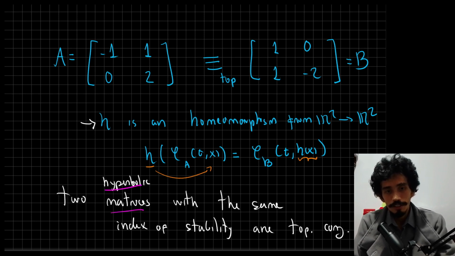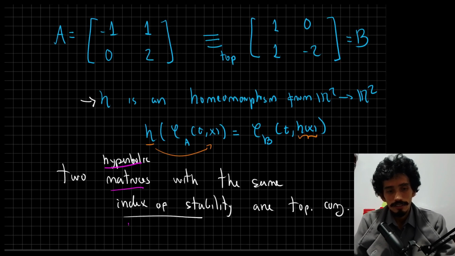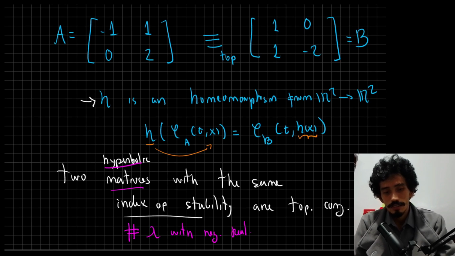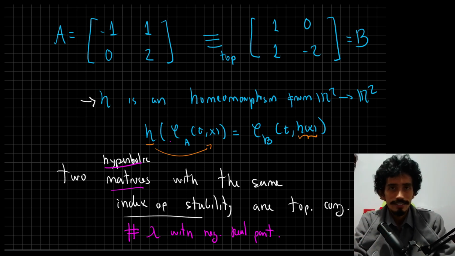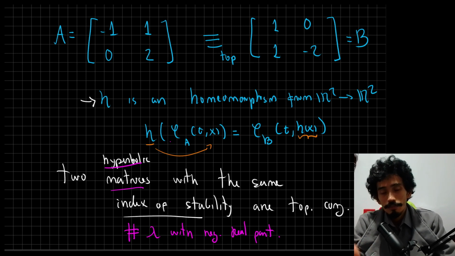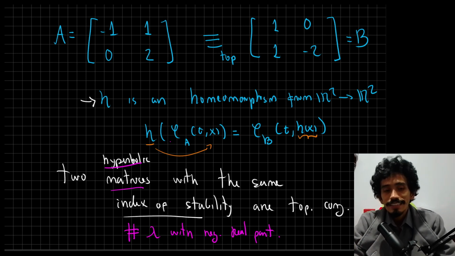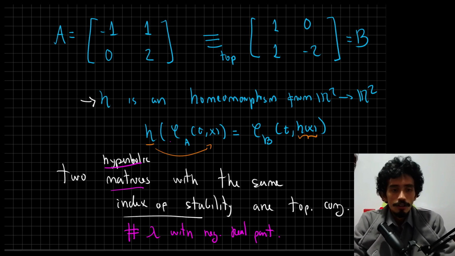If they are hyperbolic and have the same index of stability, where the index of stability is the number of eigenvalues with negative real part, then those matrices are topologically conjugate. So this is a very powerful theorem.